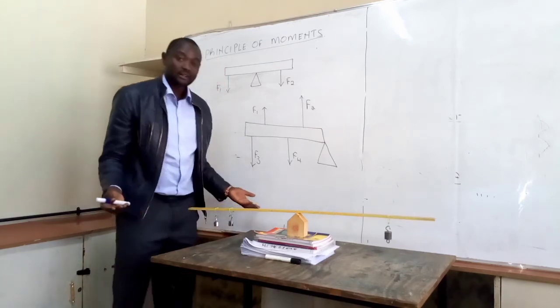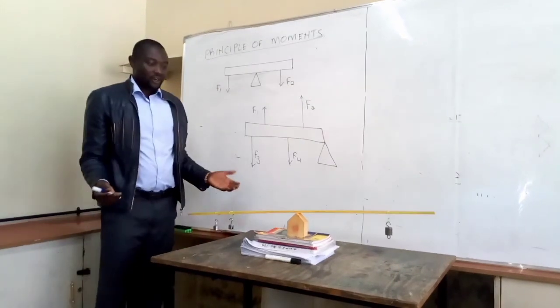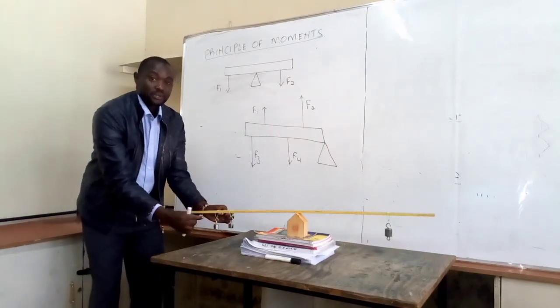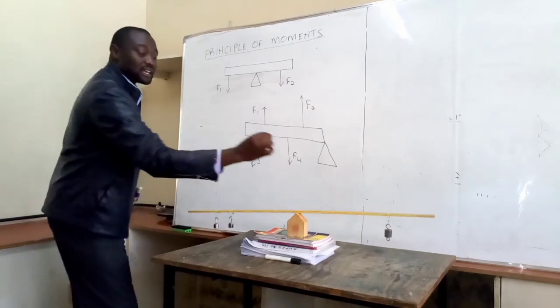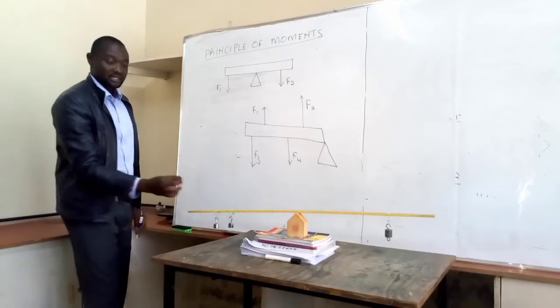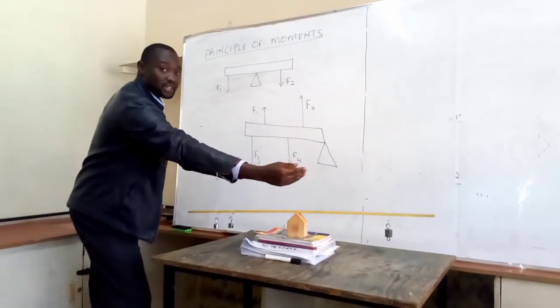There we are. On this side, I have two anti-clockwise moments, but on the other side, we have one clockwise moment. These two have balanced with the other one.